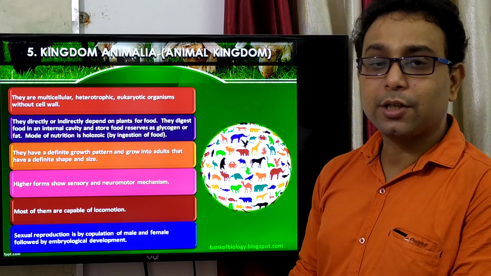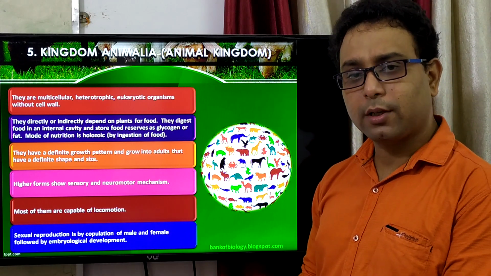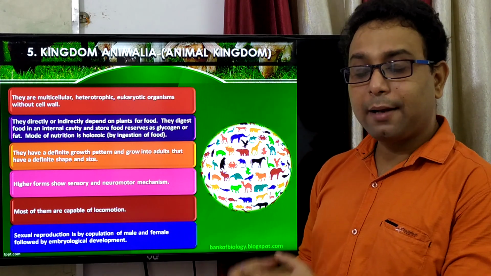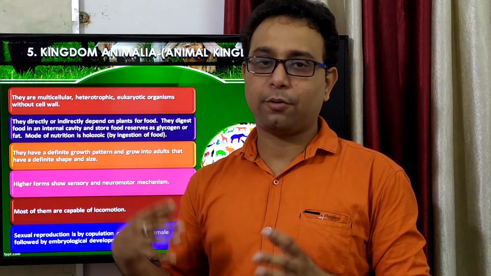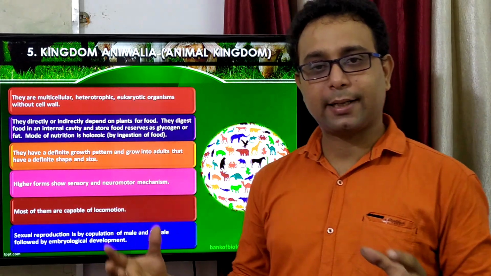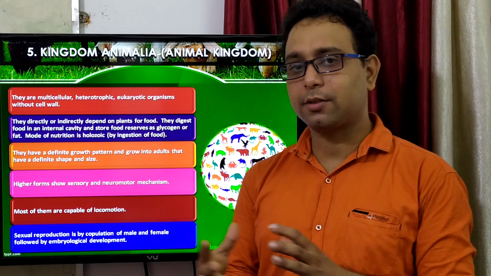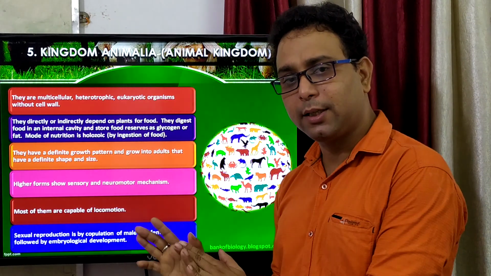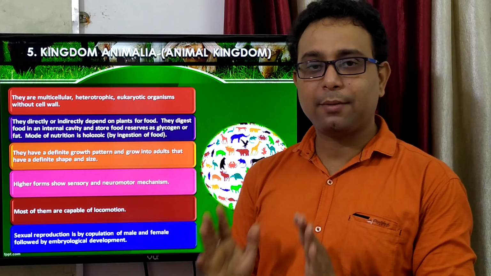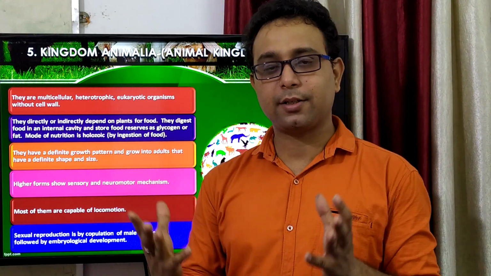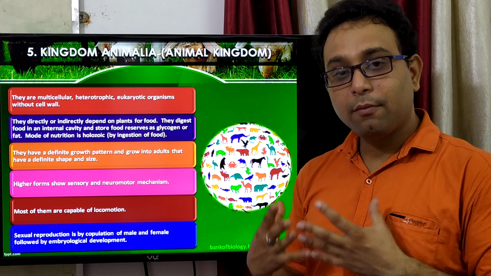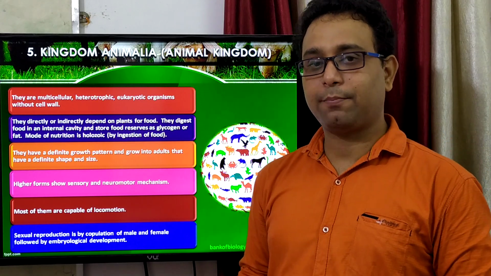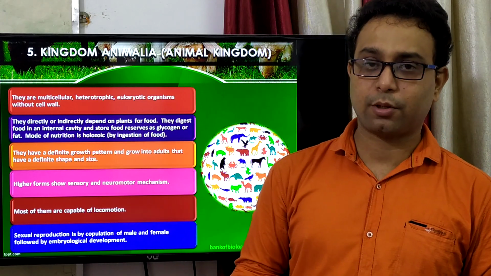In sexual reproduction, male and female gametes are there, and male and female organisms produce these gametes. After that, fertilization takes place. So sexual reproduction is the most common in animals. Animals have great variety and variation because they generally reproduce by the sexual reproduction process.